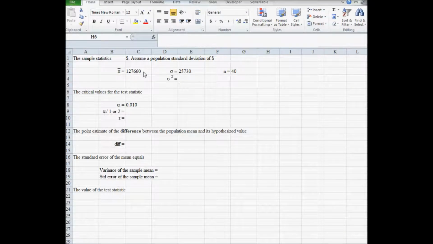These values have been pasted into this Excel spreadsheet: the sample mean, the population standard deviation, sigma, the sample size, and a significance level of 1%. Now, since this is the population standard deviation, the population variance is the square of the population standard deviation.